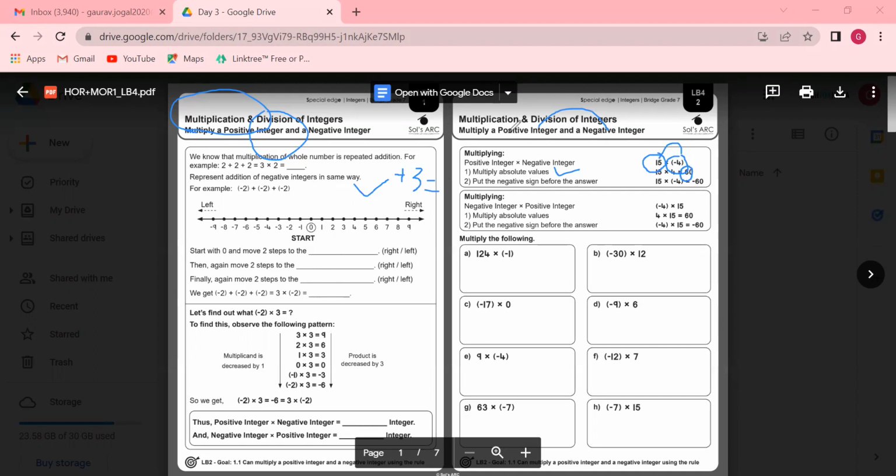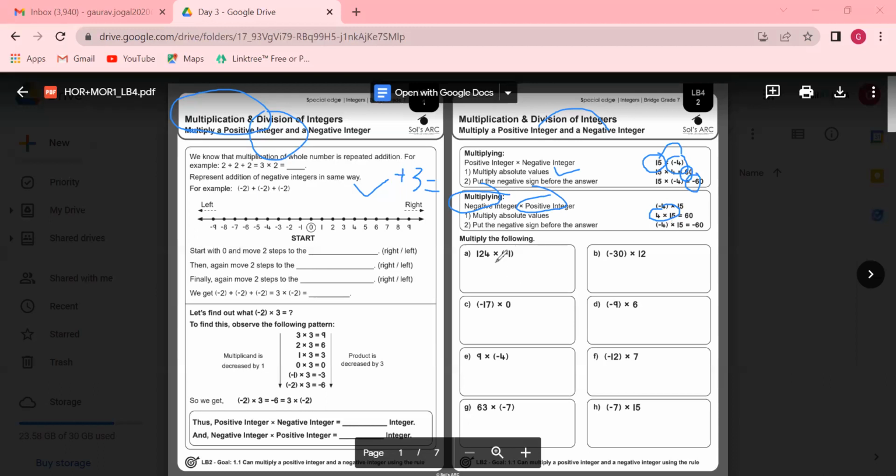And always remember, whenever there is one integer positive and second integer negative, plus multiply by minus is always minus. Similarly, here when there is negative integer and positive integer, first multiply the absolute value, and wherever there is one positive and one negative, always the sign will be minus.